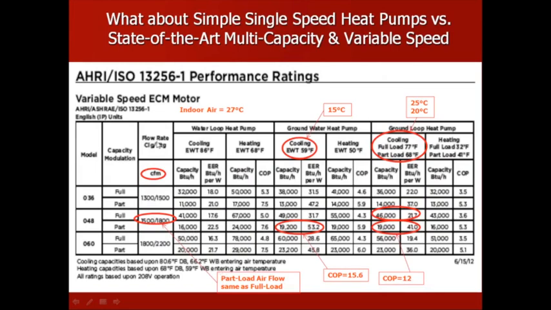One of the things is, what about the heat pump equipment? Is it simple or fancy? Do you want simple single speed, or do you want one of these multi-capacity variable speed units with extremely high ratings? Now, in the UK, you're stuck with the same rating system that we are, this ISO 13256.